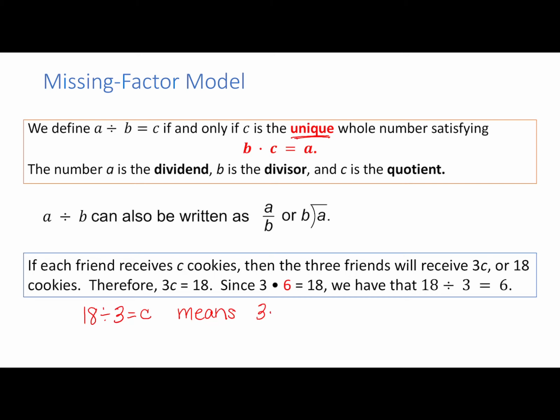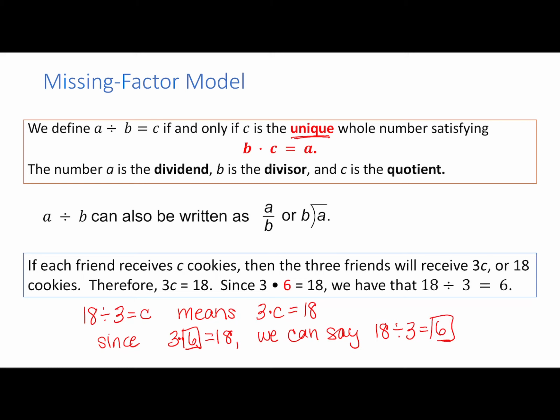That means that 3 times C equals 18. And then since we know that 3 times 6 equals 18, we can say that 18 divided by 3 is equal to 6. Okay, so we were able to fill in that missing factor. Now this again should remind you of a method that we saw earlier when we were working on subtraction models with the missing addend model.